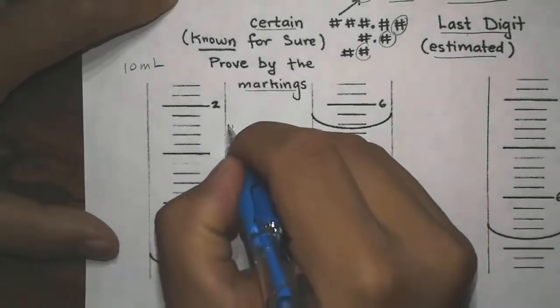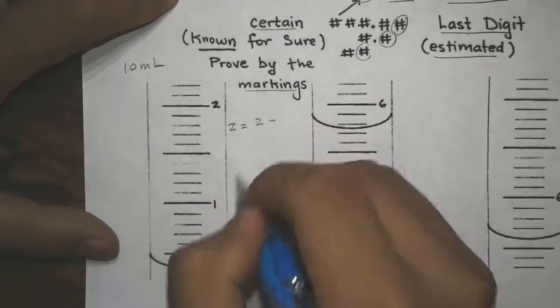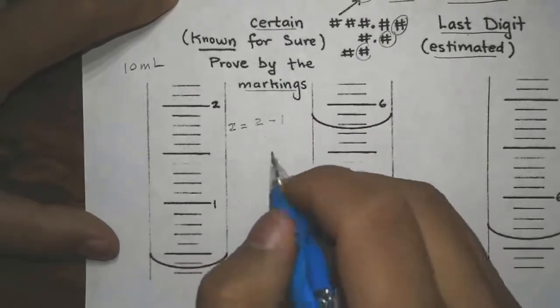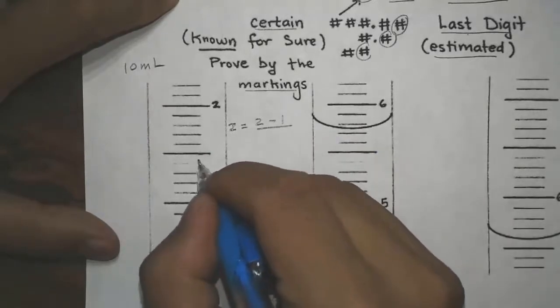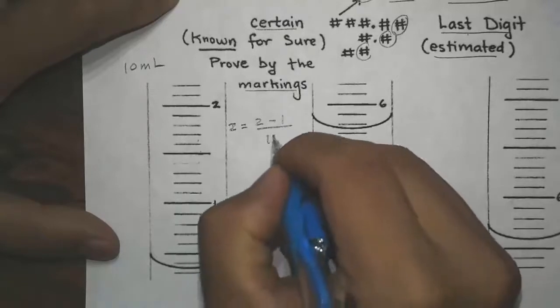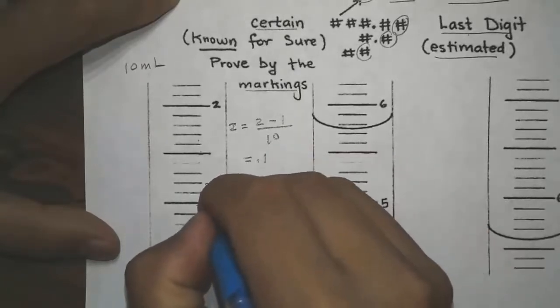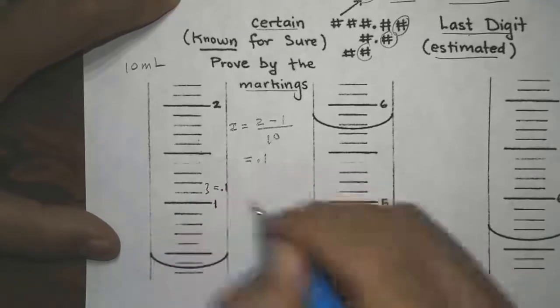Again, we take the larger number, which is 2 minus 1, so 2 and 1 are two consecutive numbers on this instrument, divided by the number of increments: 1, 2, 3, 4, 5, 6, 7, 8, 9, 10. So that gives us 0.1. So each one of these is equal to 0.1. It's not like 1 on the other problem, so it's 0.1.